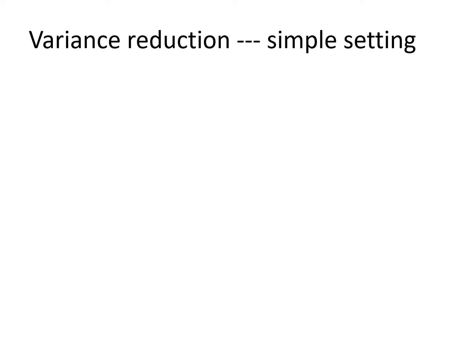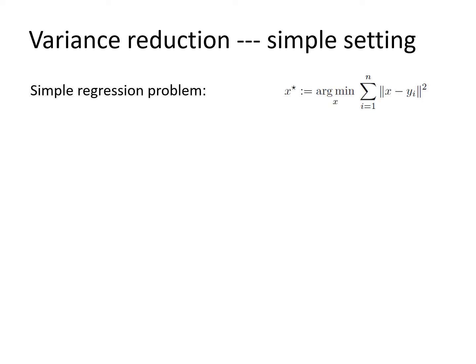Now we proceed to analyze the output prediction that is derived from intermediate predictions. Let us begin with a simple regression problem where we want to fit the output x to a set of intermediate representations y_i. We assume that the y_i are independent random variables, and they satisfy that the variance is significantly larger than the bias.